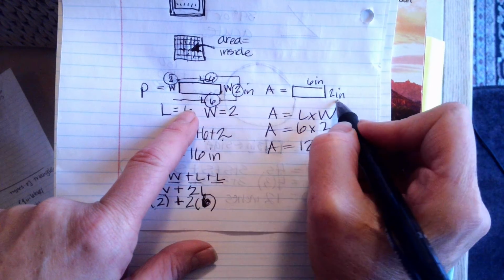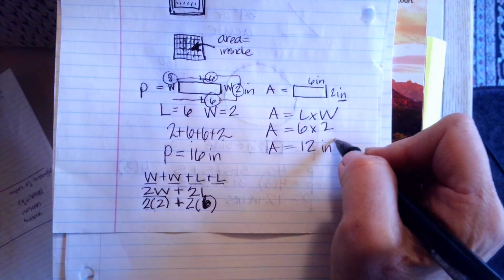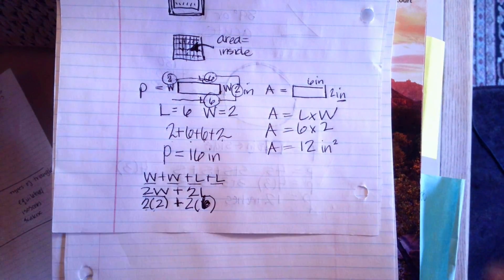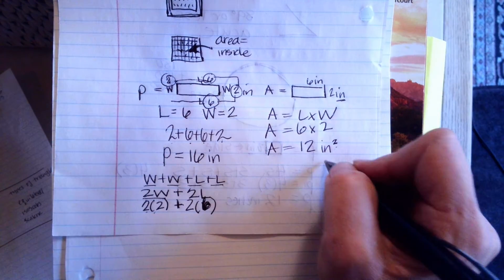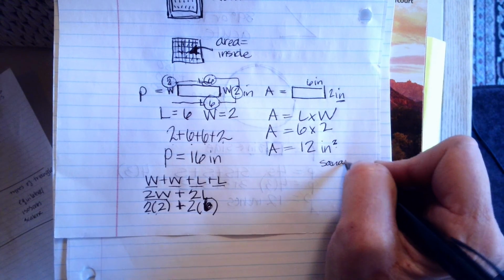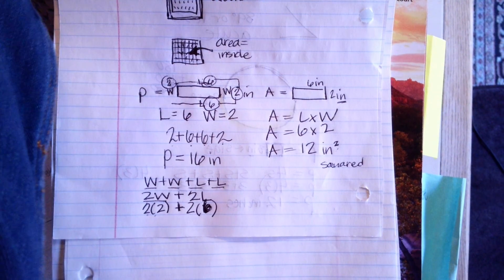We know that our label is inches, and then we talked about for area, we put this 2 up here, not here, up here, and it stands for squared. 12 square inches, 12 inches squared. Does that make sense? Okay.